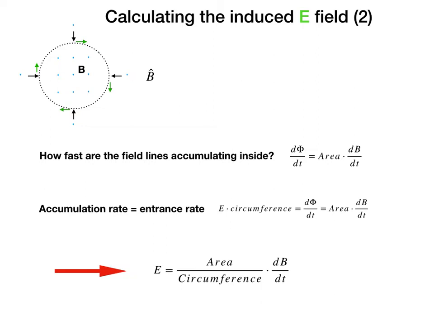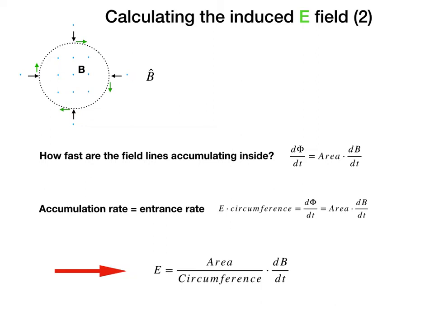By counting the rate of change of the number of field lines inside the circle, we know exactly how many field lines just got in. It's like counting the number of people that just came into a theater by counting how many people are inside the theater all the time and keeping track of the changes.